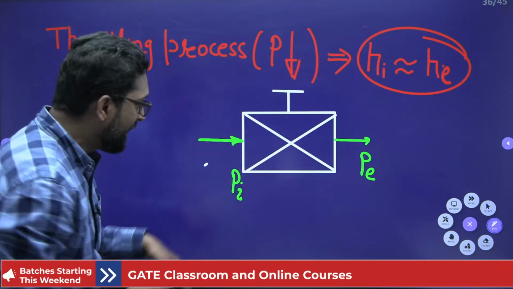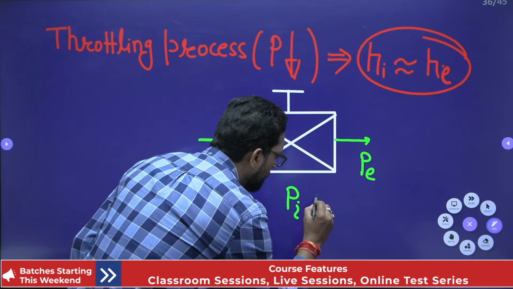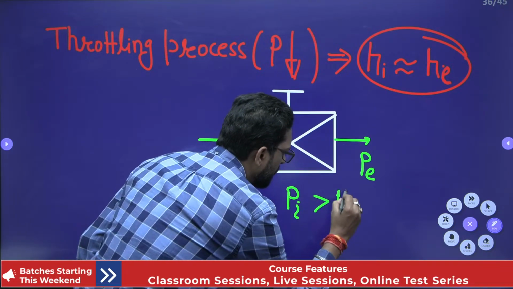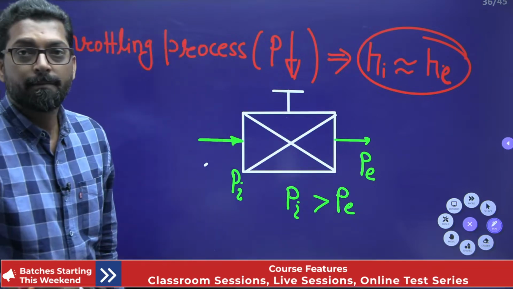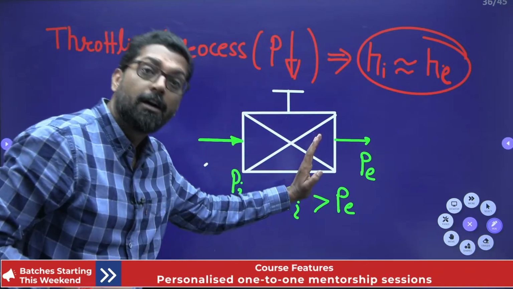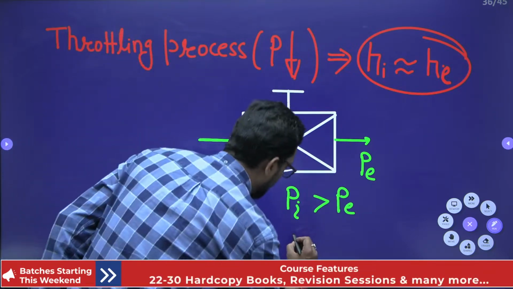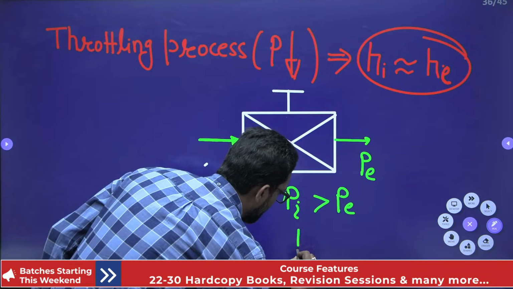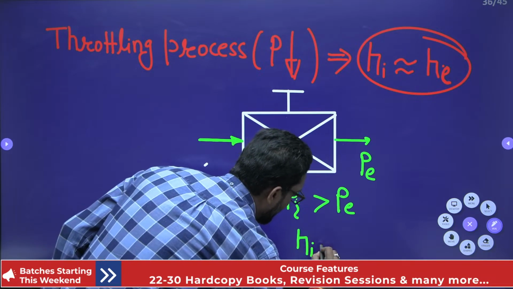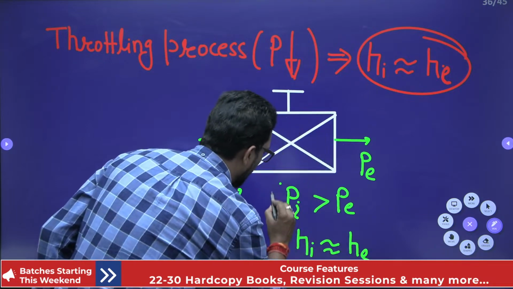So the throttling will reduce the pressure to Pe, but we don't know about the temperature. The temperature may increase, the temperature may decrease. This is very important. But the enthalpy is the same, that means the enthalpy at inlet is the same as the enthalpy at exit. These are very important things.